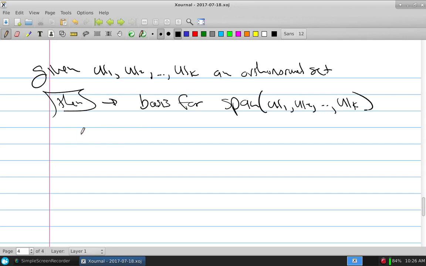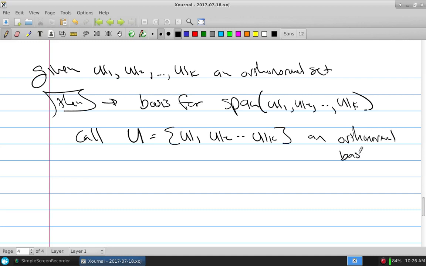And what we would normally do is just call capital U equal to U1, U2, up to UK an orthonormal basis. Now, if we didn't need the normal part, the orthogonal part would still be a basis. It would be an orthogonal basis rather than orthonormal. Orthonormal bases are nicer, though.